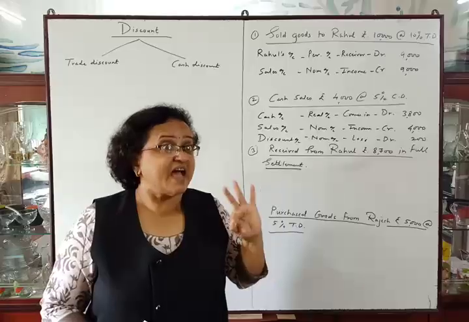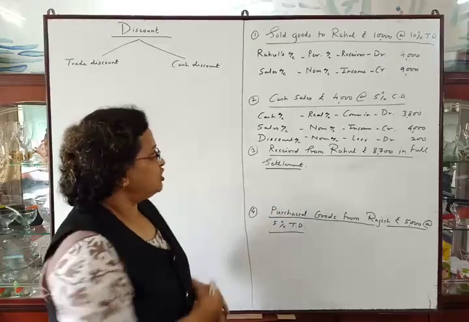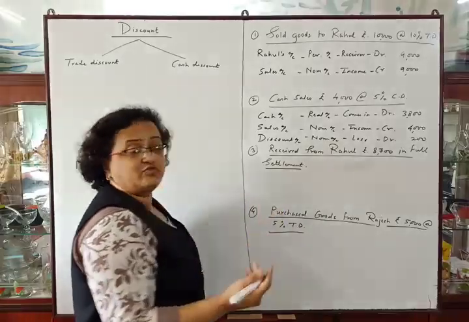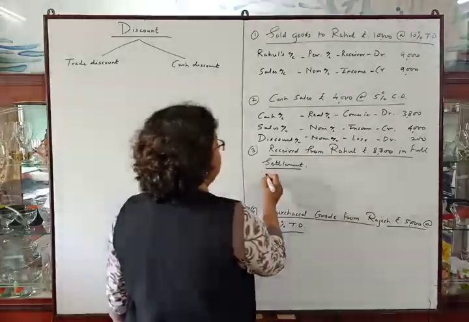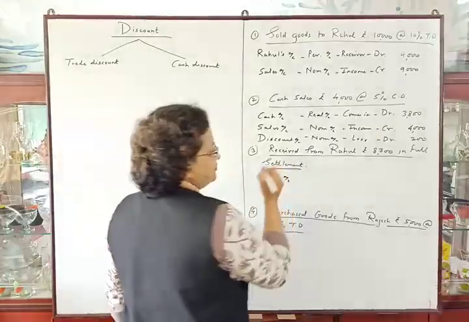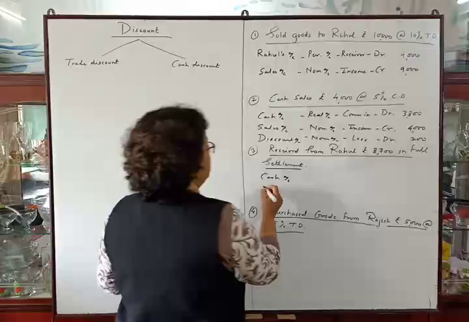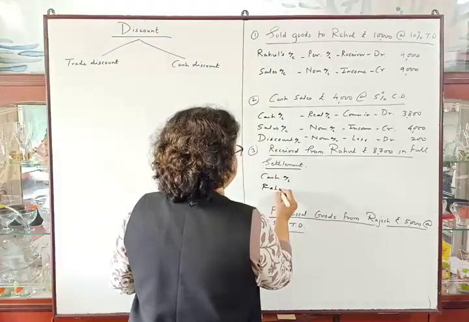Again, this is cash discount. Okay, so here three accounts will be involved in this transaction. As we are receiving cash, one account will be cash account. We are receiving cash from Rahul, so second account will be Rahul's account.